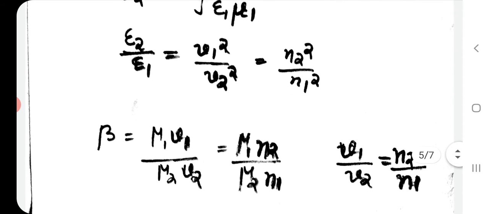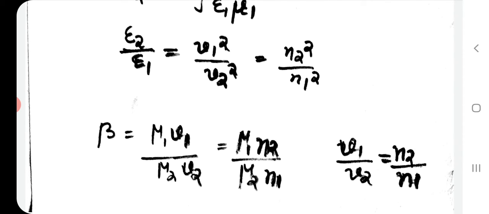We know beta is mu1 V1 by mu2 V2, that is equal to mu1 N2 by mu2 N1. So V1 by V2 is equal to N2 by N1 if mu1 and mu2 are not much different from mu 0, the permeability in free space. So V1 by V2 is equal to N2 by N1.